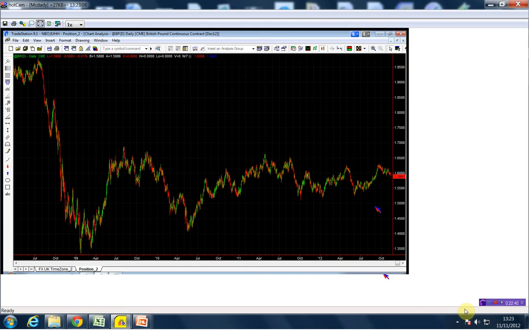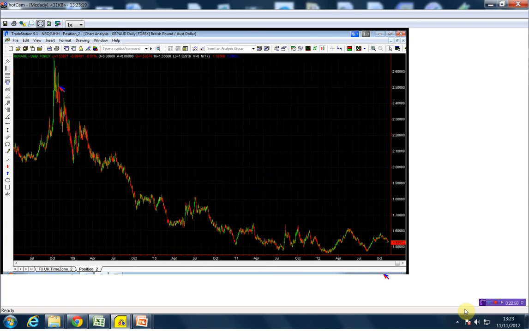So if you went long the Aussie and short the pound from 2009, that would have been a magnificent trade. Look at this, how magnificent that trade would be at that time. I just wanted you to see that.